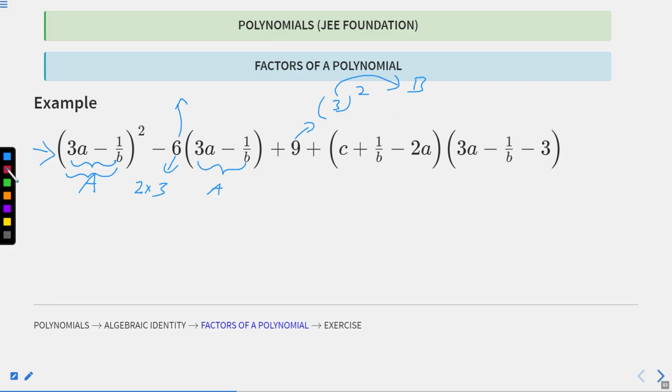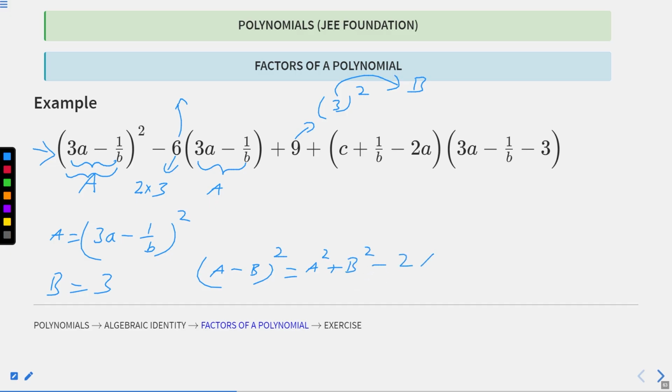If you now make sense out of it, a is equal to (3a minus 1 upon b) whole square, and taking b as 3, then my a minus b whole square will equal a square plus b square minus 2 times ab. And what is my a?